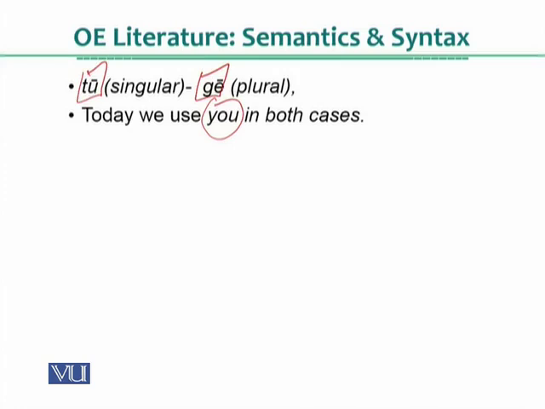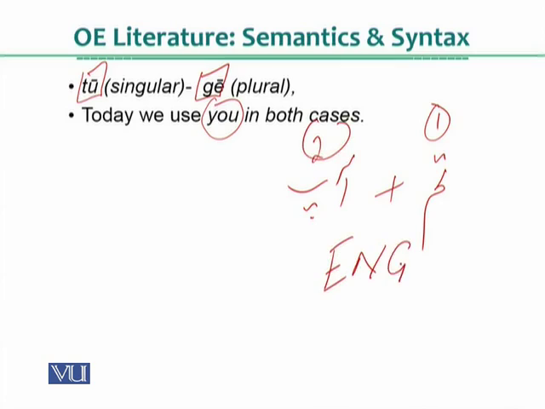I would also like you to think of how we use it in Urdu, where we have tum and aap for singular and for plural. But if we compare it with English, what we notice in modern English is we only have you that we use for both the forms.